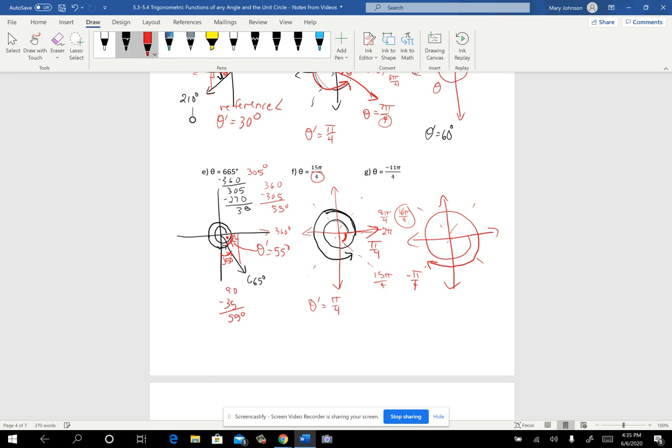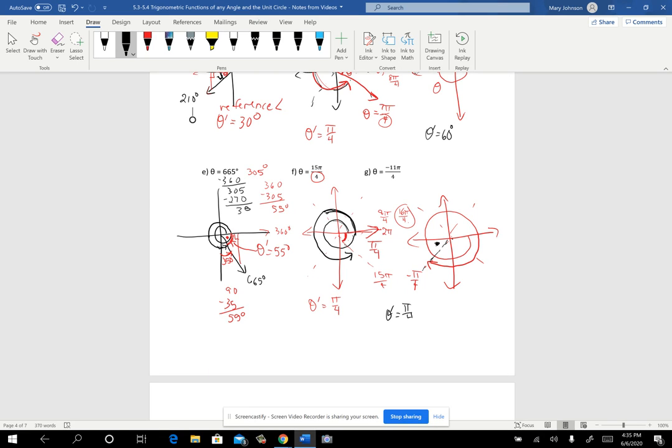Okay, and so my reference angle I'm needing to find is this guy right here. And once again, we're back to the reference angle needing to be just the pi over 4. You're always looking at the terminal side, and the x-axis is what makes your reference angle each time, okay?